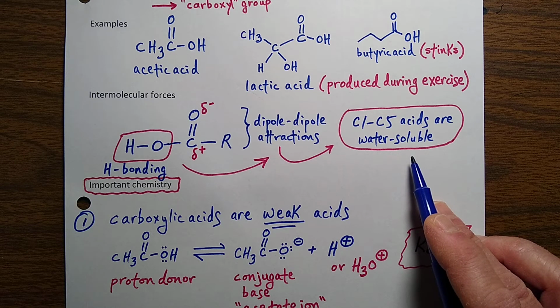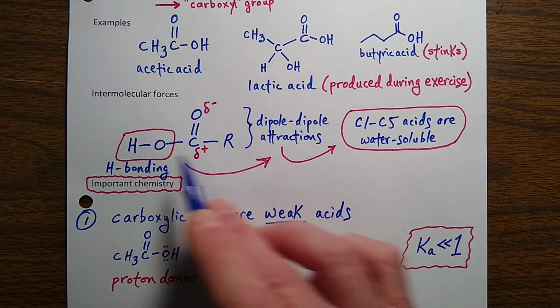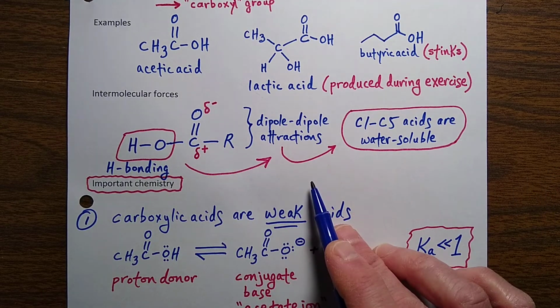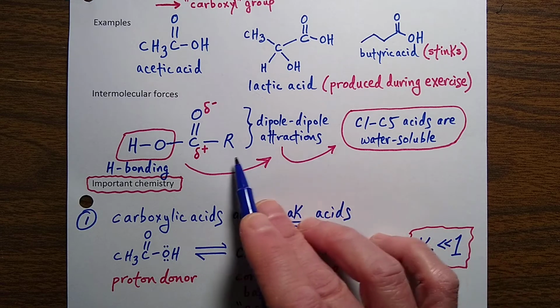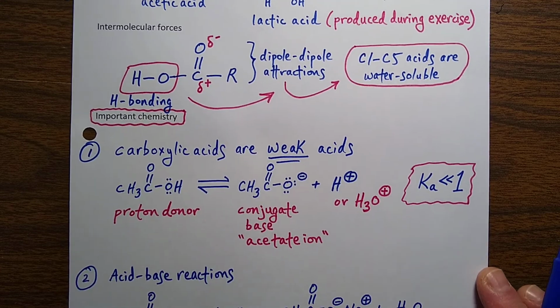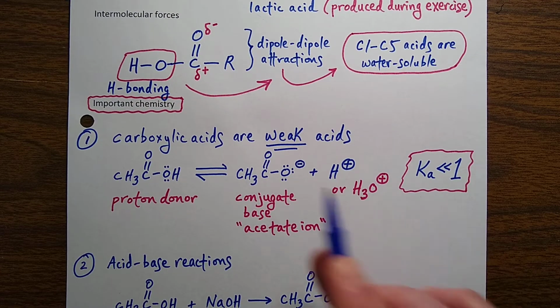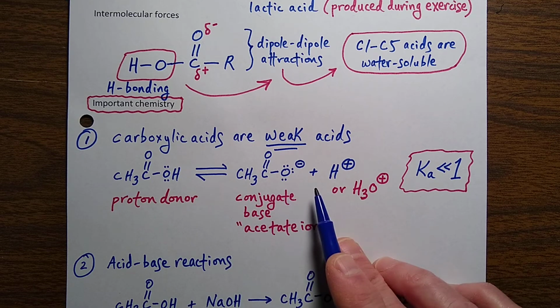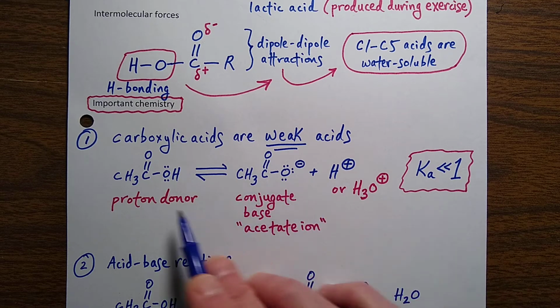They're all pretty high boiling liquids because they have that strong polar functional group, and they can attract each other through dipole-dipole attractions and through hydrogen bonding. A characteristic of carboxylic acids is that they're weak acids, and we talked a little bit about this in the chapter on acids and bases.